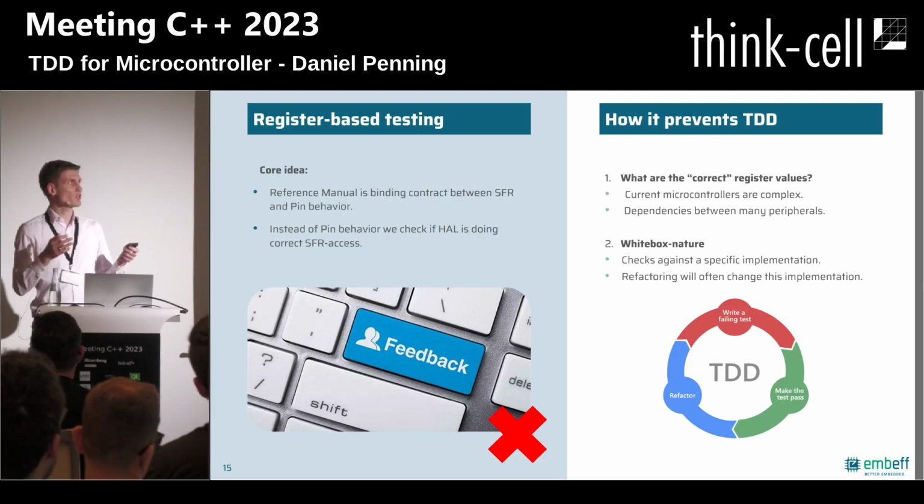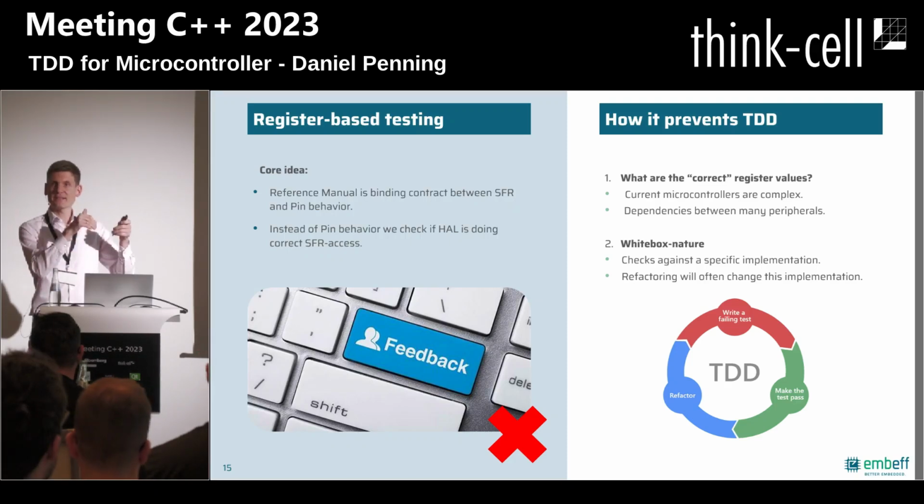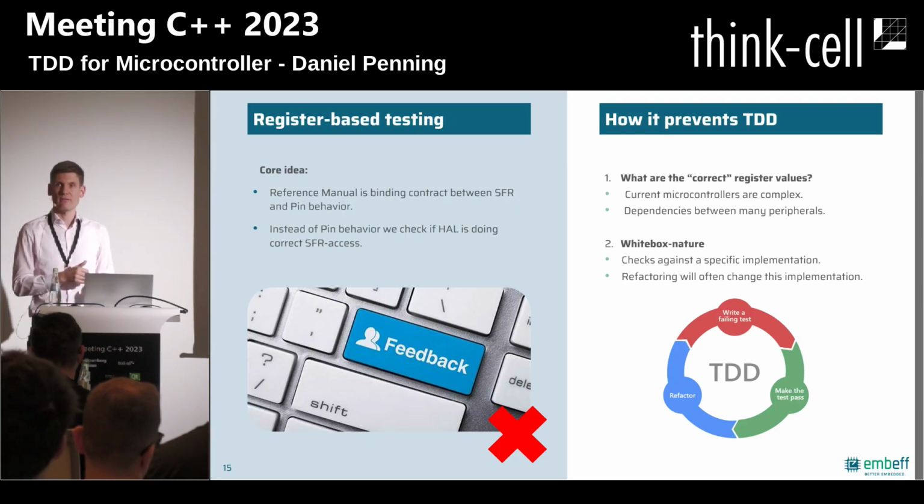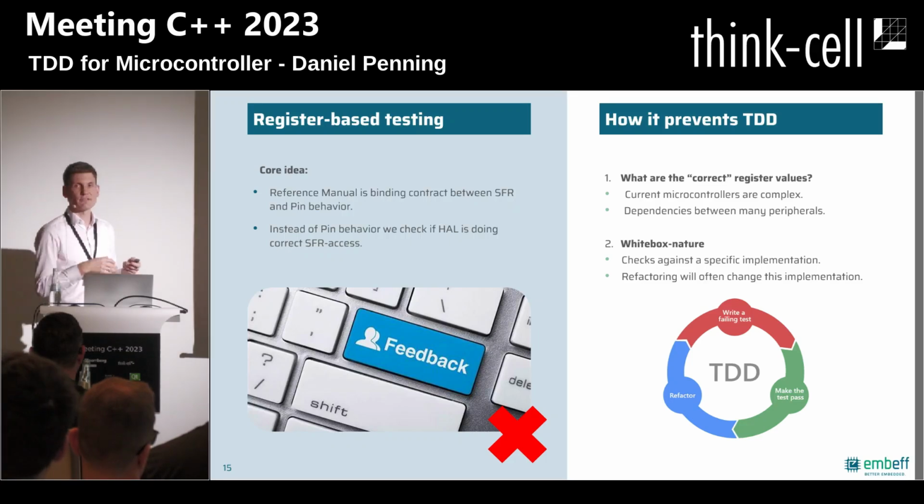Let's say you change the prescaler and the baud rate registers, both by a factor of 2. This will cancel each other out. The baud rate is the same. But the registers look totally different, so your test will fail. So this is a fundamental problem in register-based testing.